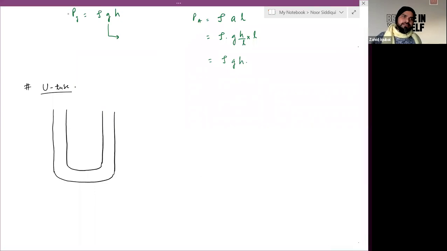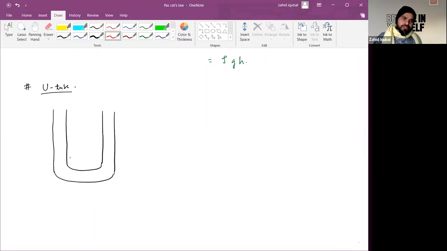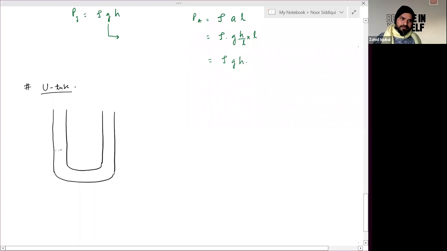Let's say initially water is filled up to this point, so the level of water in both arms will be at the same level, like this.